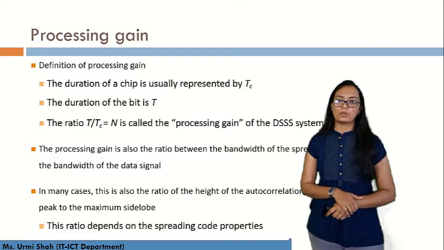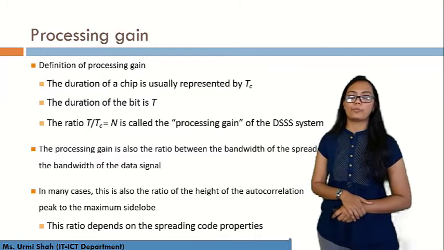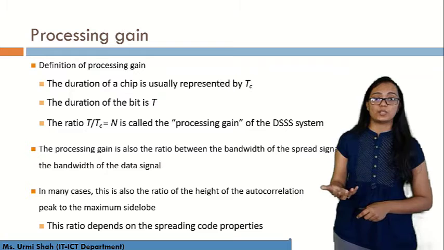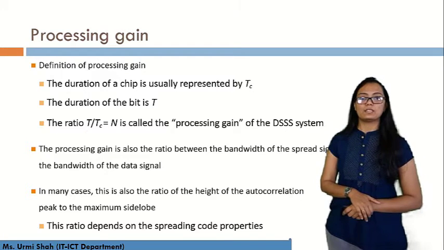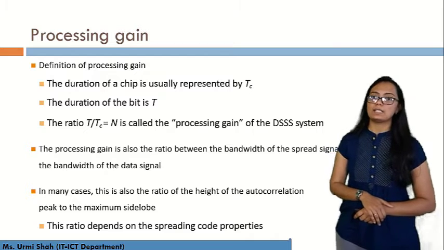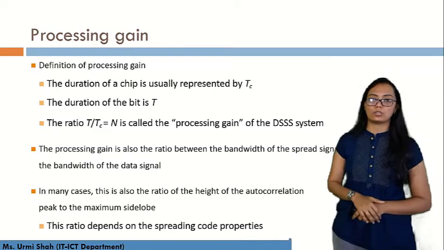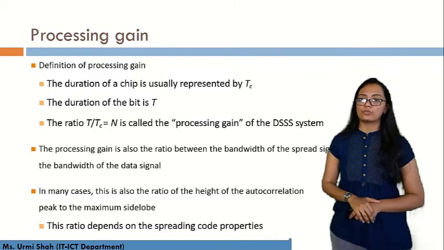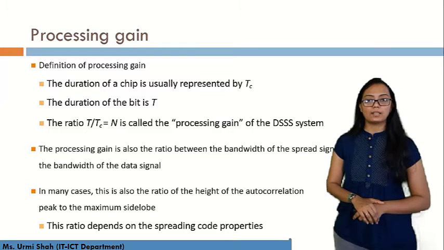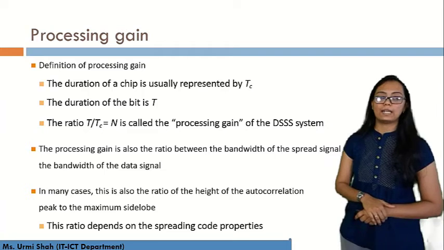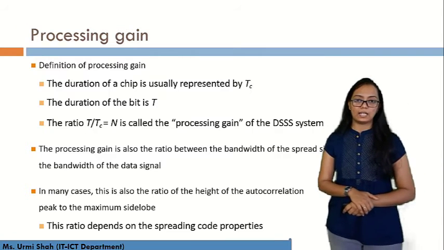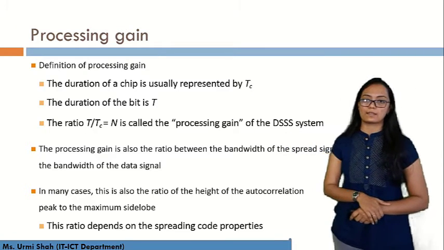Now talking about the definition of processing gain. What is actually processing gain? The duration of a chip is usually represented by Tc, so this is your chip duration, and the duration of the bit is represented by T. So the T by Tc ratio will give you N, which is called the processing gain of your DSSS system.